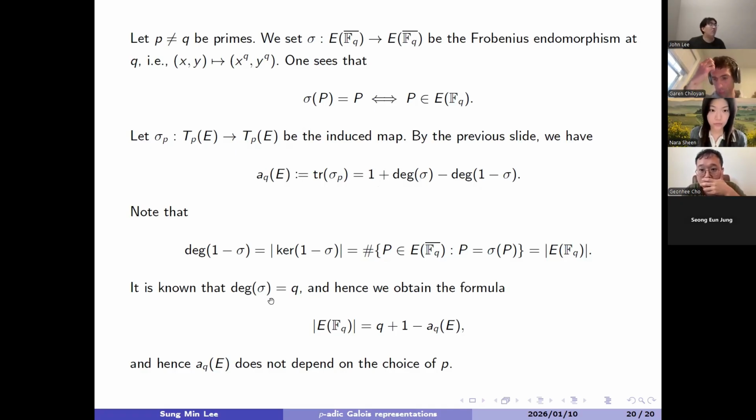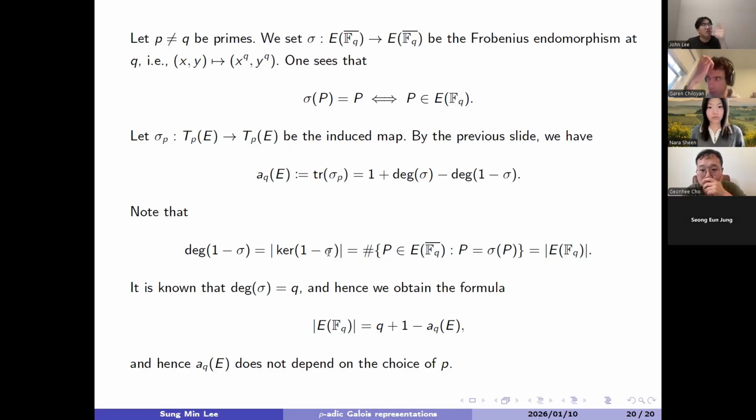The degree of sigma is known to be q, but what is the degree of 1 minus sigma? It is the size of the kernel of 1 minus sigma. P is in the kernel of 1 minus sigma means that (1 minus sigma)(P) should be 0.